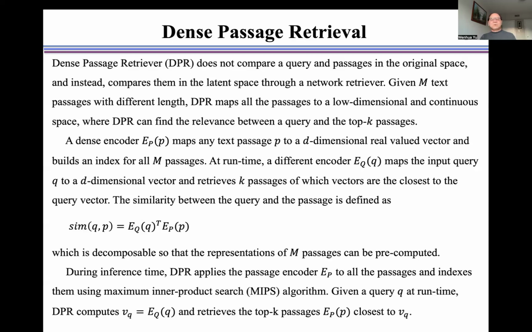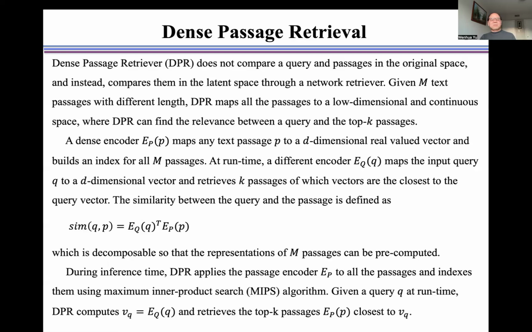The similarity between the query and the passage is defined as here, which is decomposable so that the representations of M passages can be pre-computed.